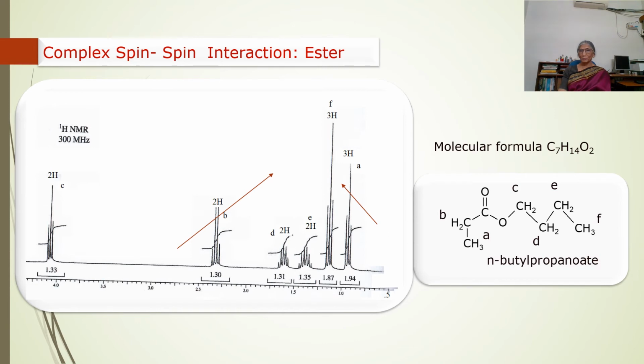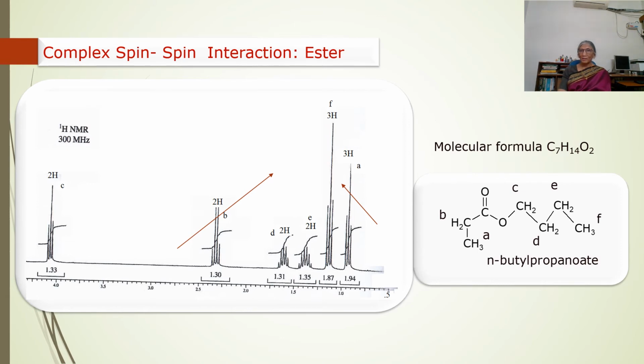This is n-butyl propanoate. So this is the ethyl group, which is giving signal A and signal B, and these 2 methylene protons which are giving signal C are deshielded because they are present close to singly bonded oxygen, and because of the deshielding effect of electronegative oxygen, the signal is seen at 4.1 ppm.